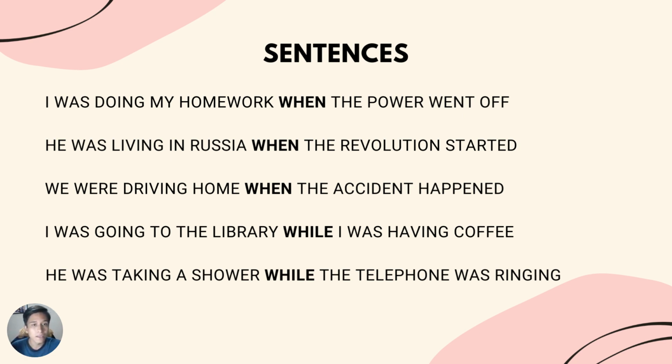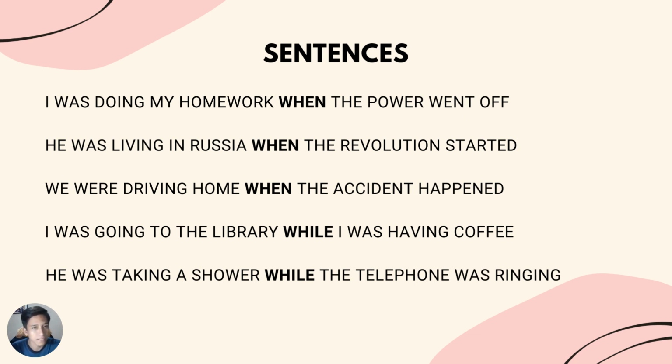And finally, as I said in the beginning of the video, here I wrote some sentences in order for you to understand everything better, sentences in which we are seeing the time markers also. For example, I was doing my homework when the power went off.